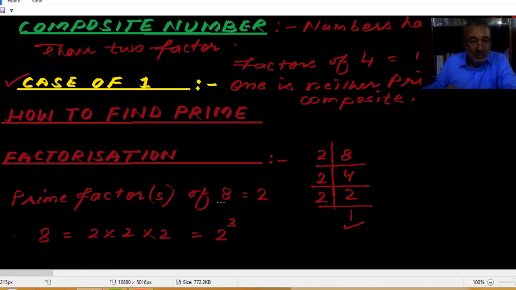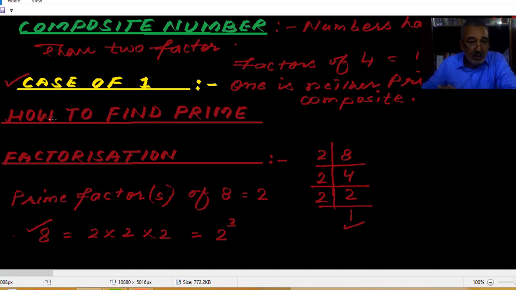So there is only one prime factor of 8, and that is 2. What is the prime factorization of 8? It is 2 multiplied by 2 multiplied by 2. This expression shows the product of primes. This expression shows how many prime factors are involved in a number.